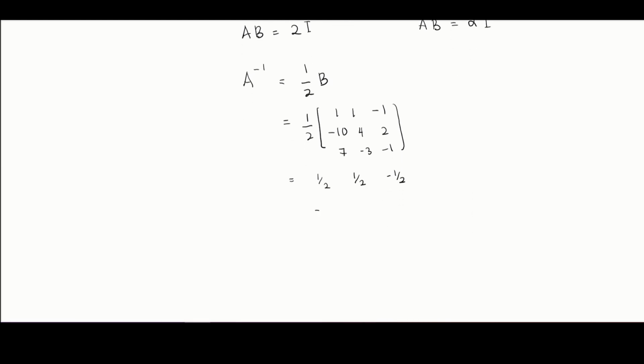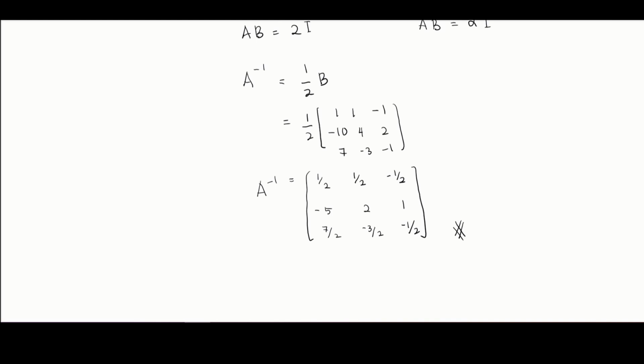And this one is negative 5. This one becomes 2. And this one becomes 1. This is 7 over 2, negative 3 over 2, and this is negative 1 over 2. Alright, so this is the A inverse that we want.